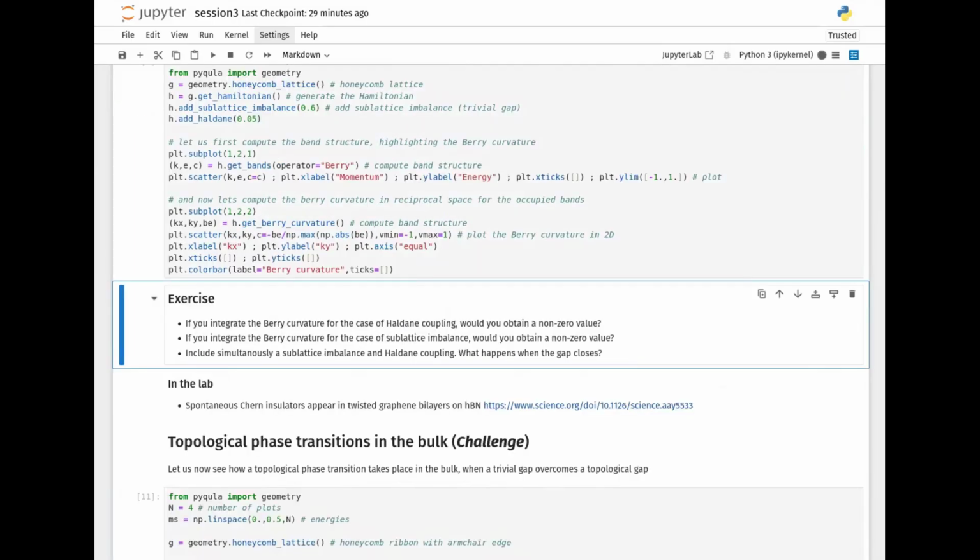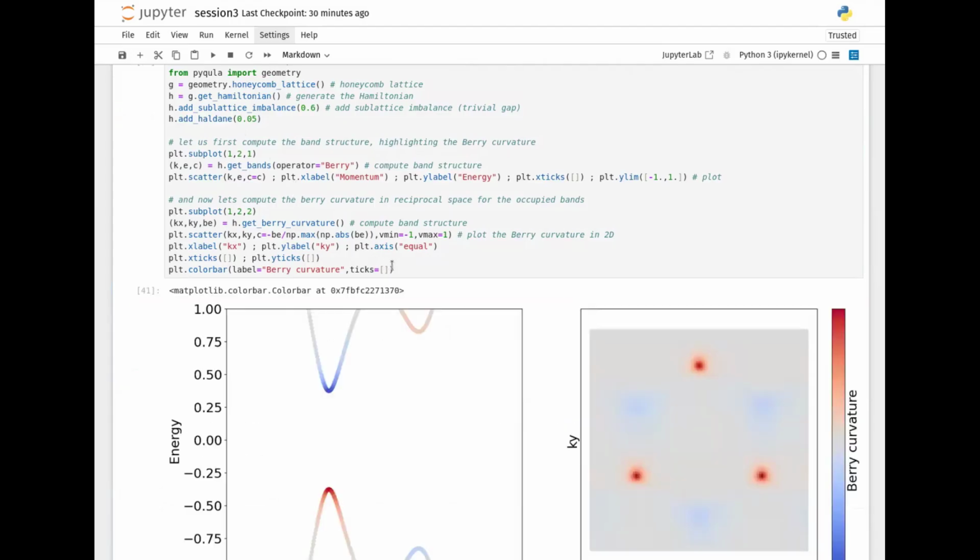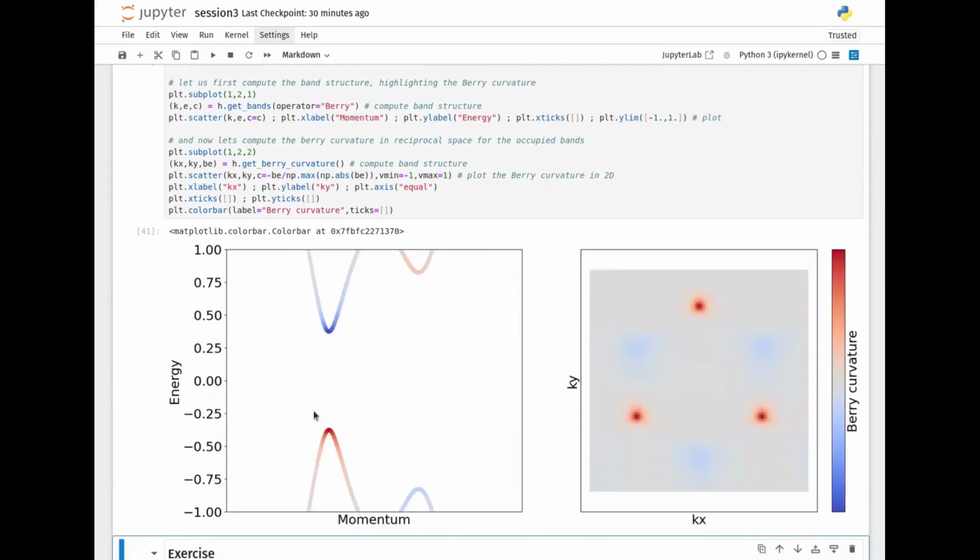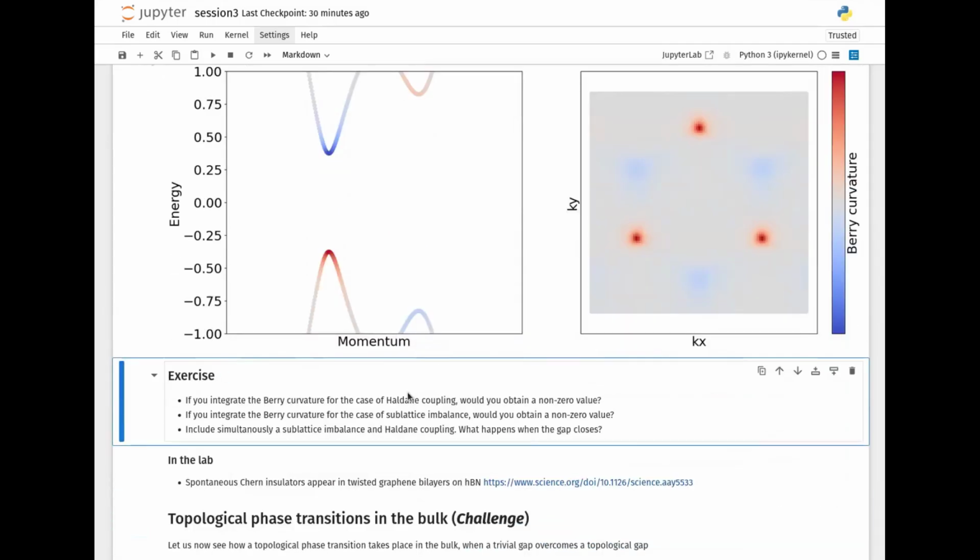So we can decrease a little bit of the Haldane coupling so that the sublattice imbalance can quickly overcome the Haldane coupling. And so you see that in this case, we are already in the limit in which the sublattice imbalance won. So we have opposite Berry curvatures in the two valleys. They are not exactly the same in terms of absolute value, but then when we integrate this in reciprocal space, we will get zero.